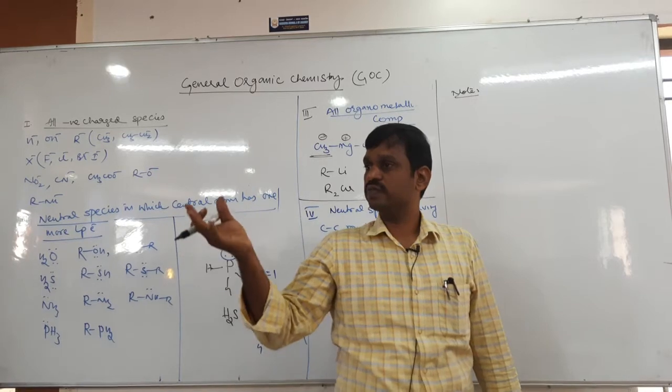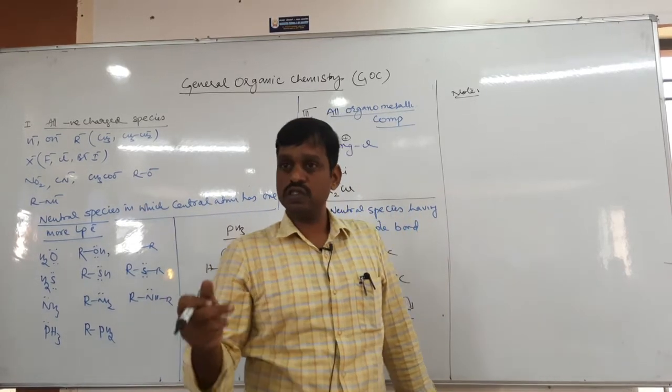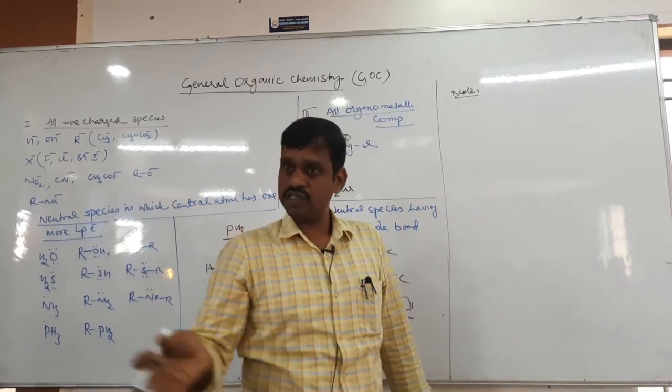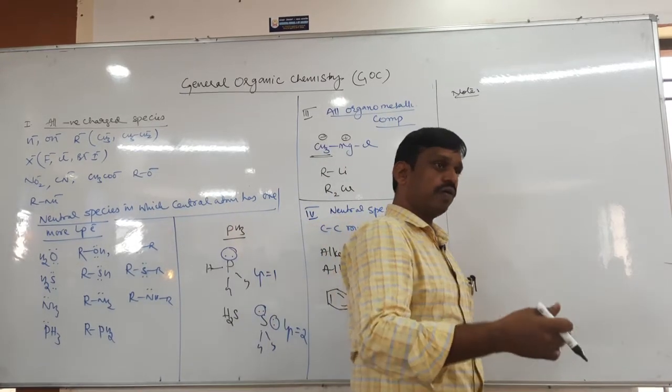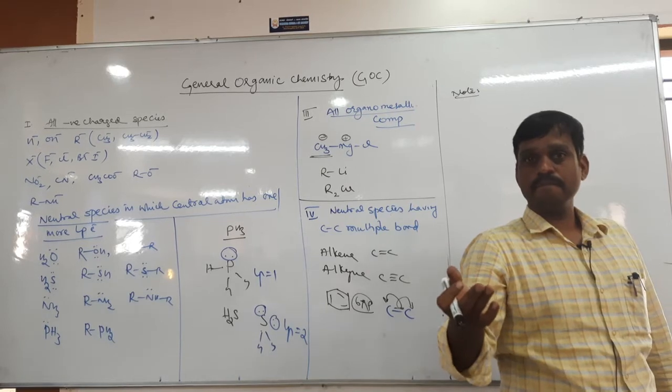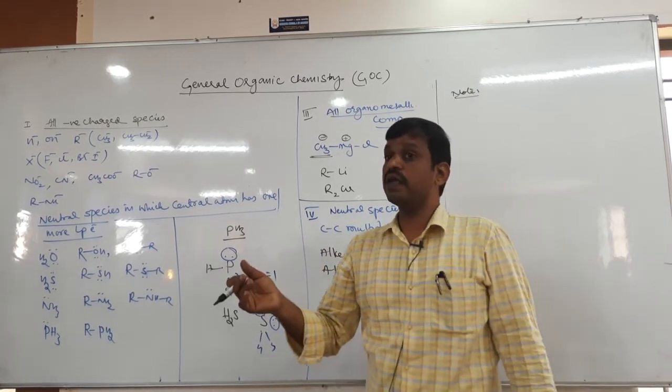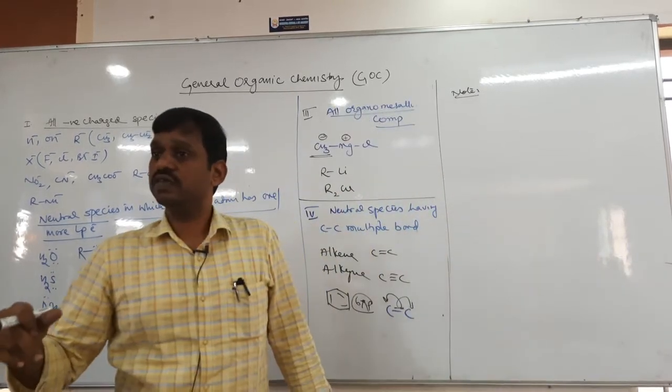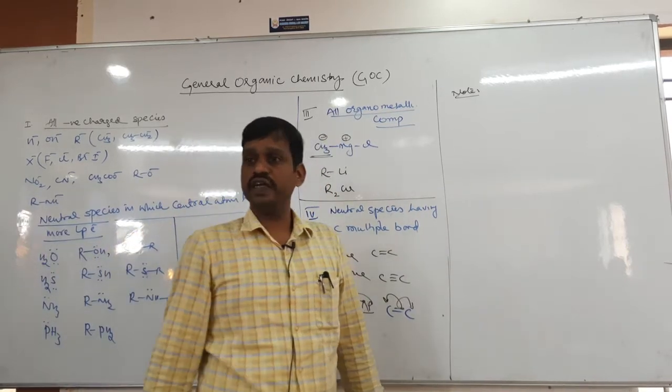Carbonyl compounds: aldehydes and ketones, carboxylic acids, esters, amides, acid chlorides, anhydrides, etc. Where is a carbon and nitrogen multiple bond present? Cyanides, isocyanides.